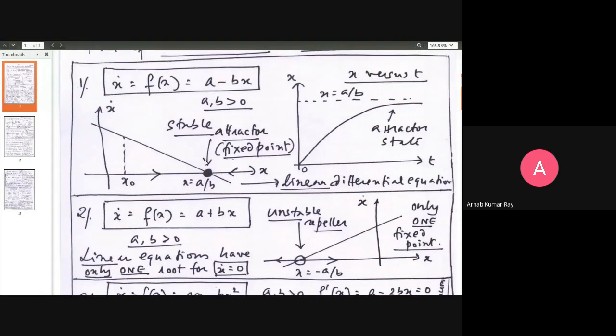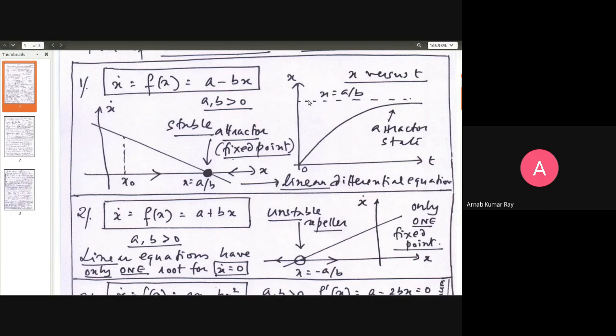If you start with any value of x that is less than a by b, you will be attracted towards a by b. Just give me a minute and I will finish this discussion. And if you're starting with any value higher than that, you'll be attracted in the leftward passage to a by b. Suppose here in this graph, you started at a value of less than a by b, so you're attracted towards this.